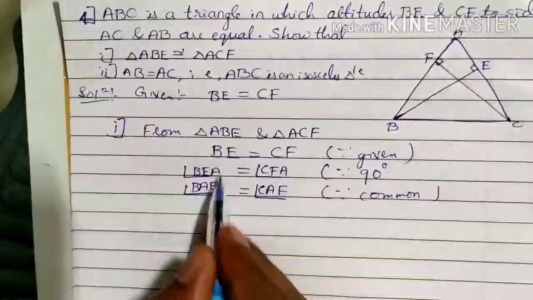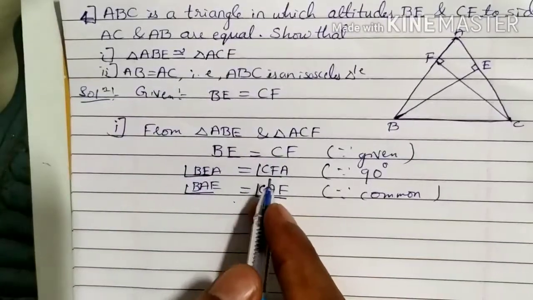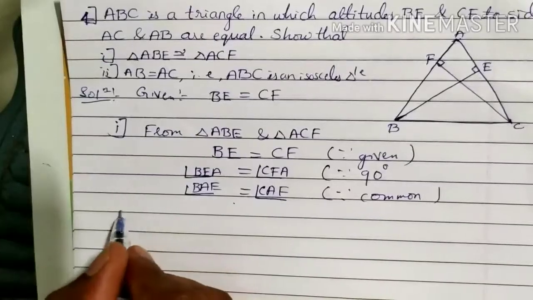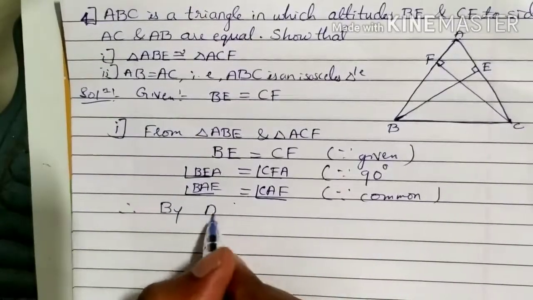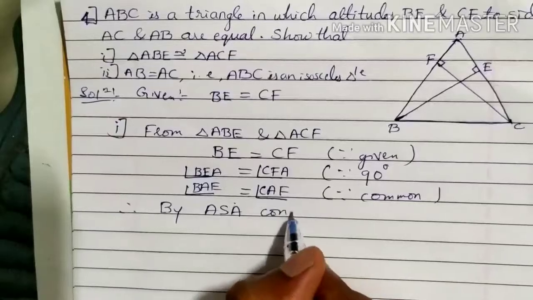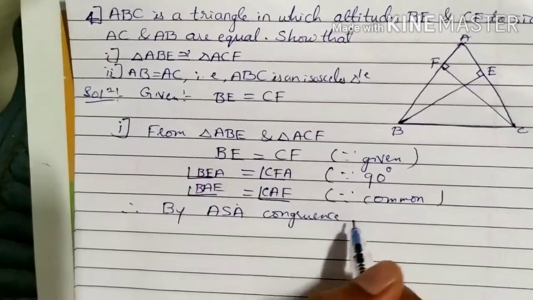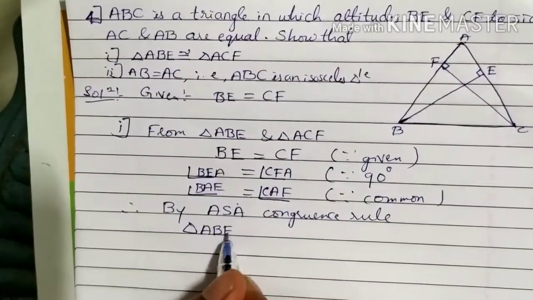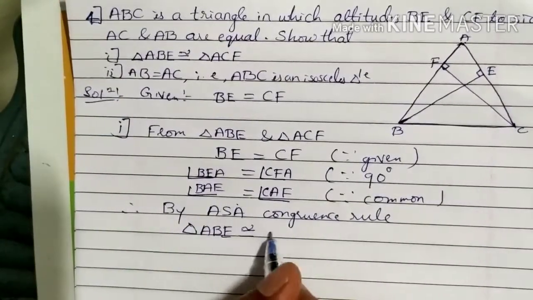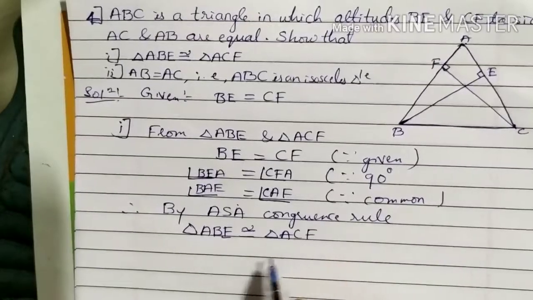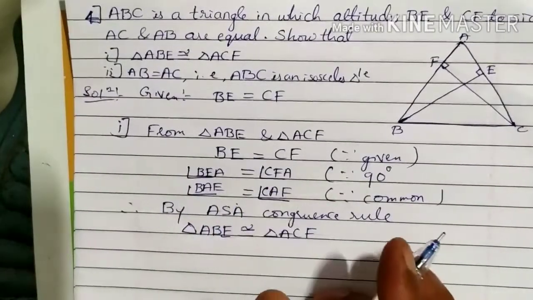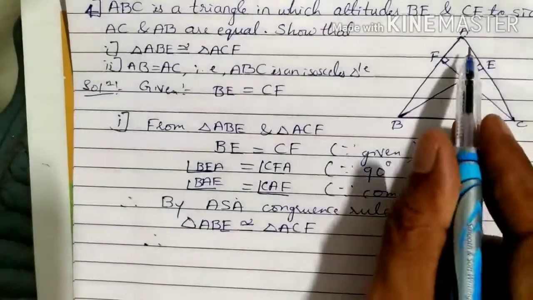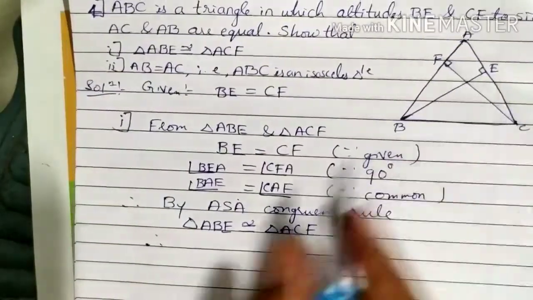So therefore, two angles and one side. Using the ASA congruence rule, we can say triangle ABE is congruent to triangle ACF. These two triangles are congruent. So therefore, using CPCT, we can say that AB is equal to AC.